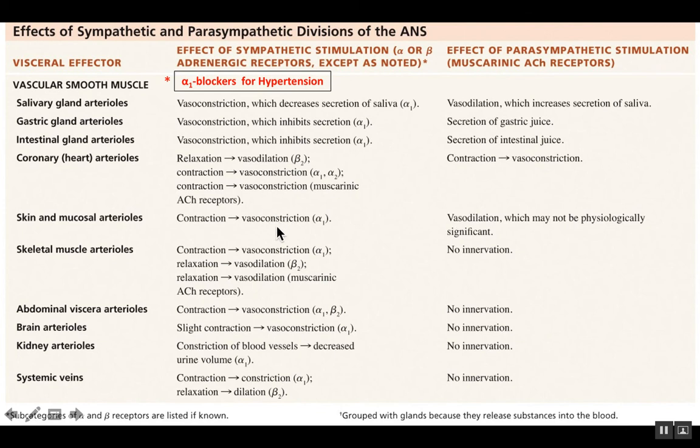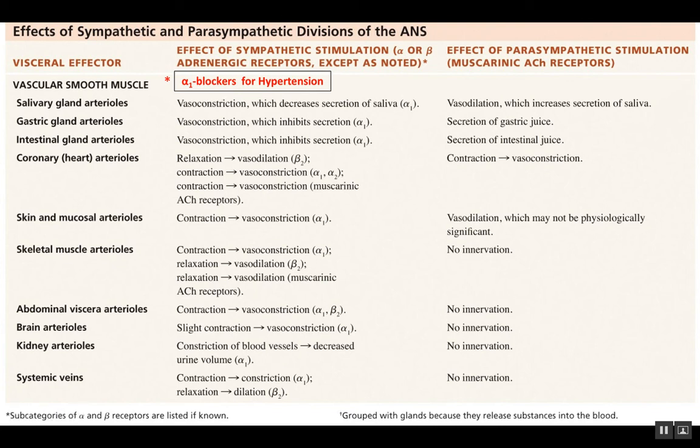Vasoconstriction, vasoconstriction, vasoconstriction, vasoconstriction. If we dilate as opposed to constrict, blood pressure goes down. So alpha-1 blockers are hypertensive medications because they can vasodilate. These are often referred to as vasodilators. Alpha-1 blockers vasodilate to reduce blood pressure.